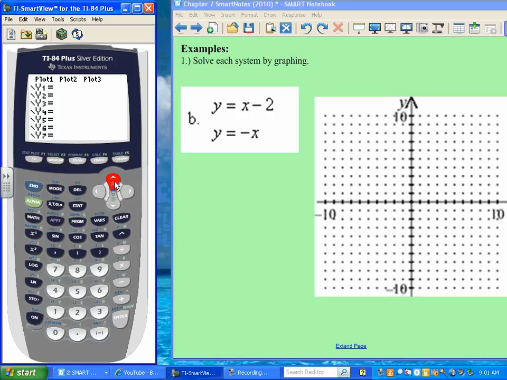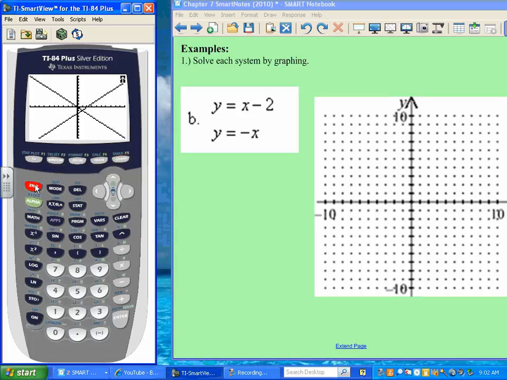Okay, so let's type in letter B. We have x minus 2. And then the second equation is negative x. Okay, I want you to hit graph. And here can remind us, what do we hit first now to find the intersection point? Second what?